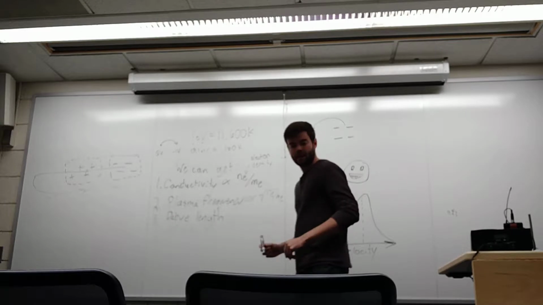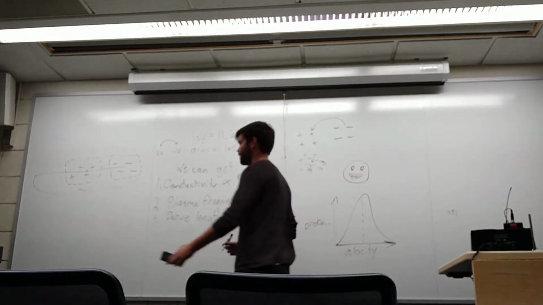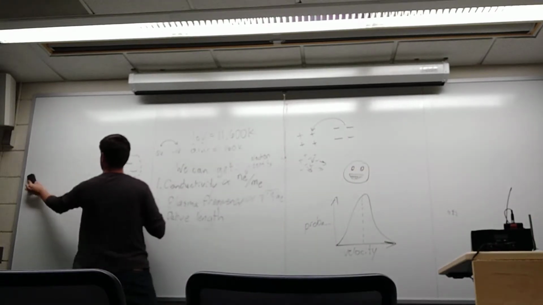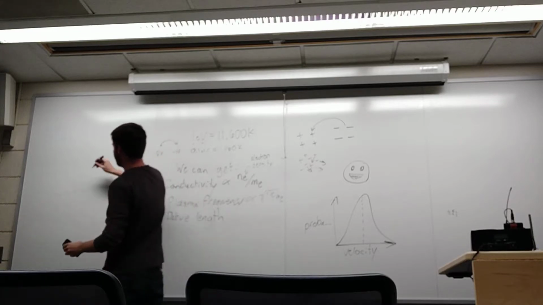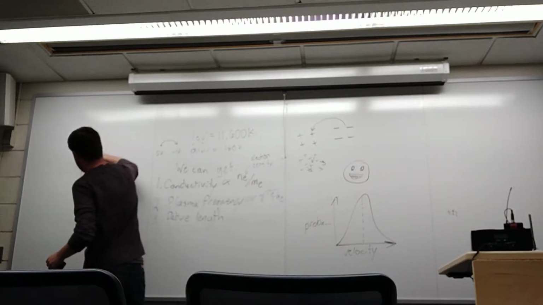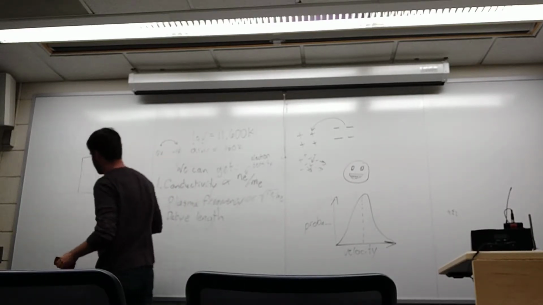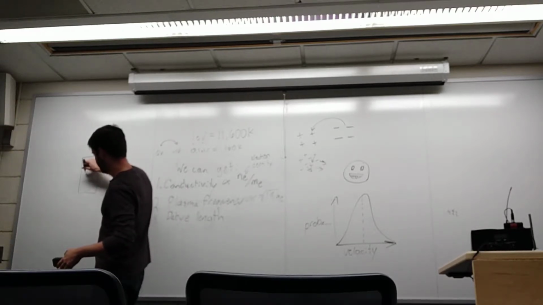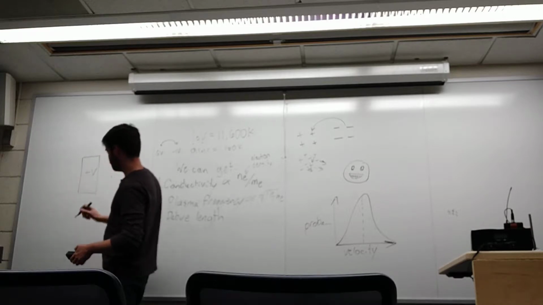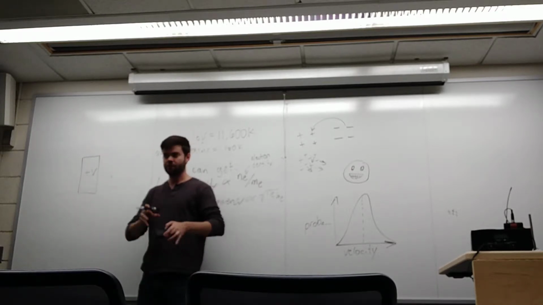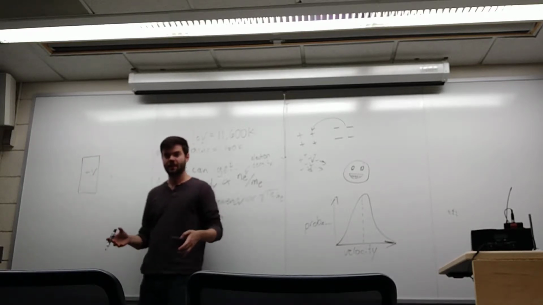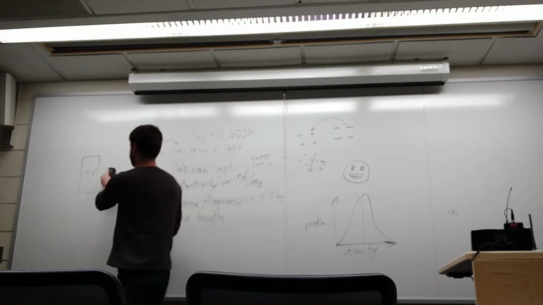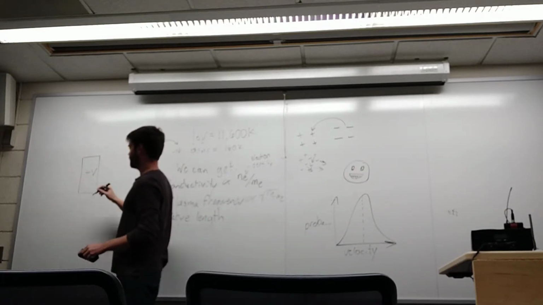So let's say we have a chunk of metal in our plasma here. Right? And let's say that it's biased super duper positive voltage. And we're in this conductive plasma.